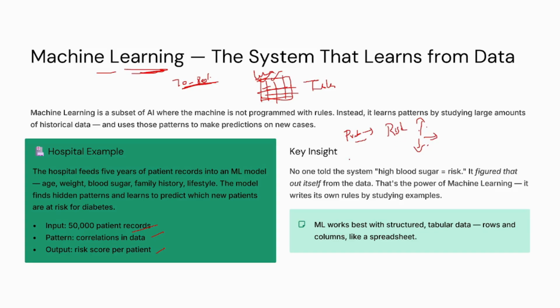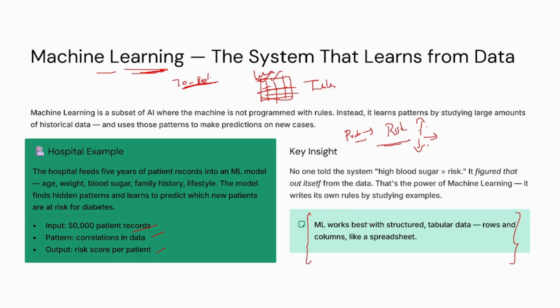Based on the past data, you will be building an equation so that the machine can learn and help you predict for the next patient or the next one year, like what is the probability that the diabetic risk is high, etc. Right? So this is very important.